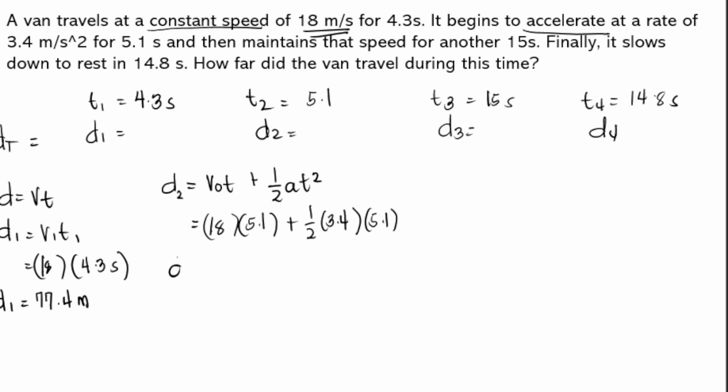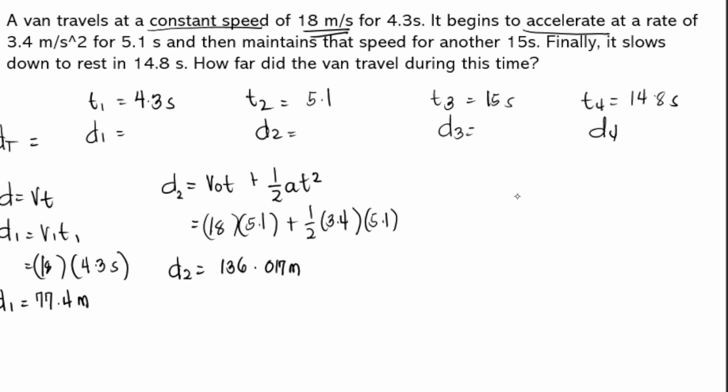So if we input these values in a calculator, we would get distance at time 2 would be 136.017 meters. Okay, so that is for the second statement.